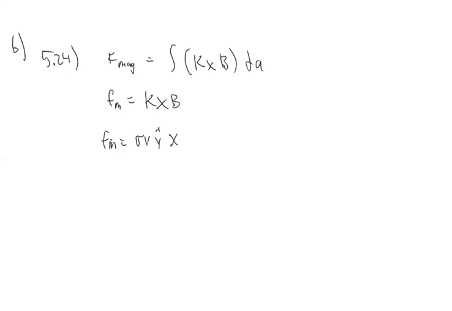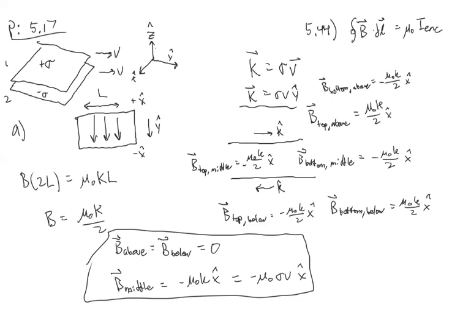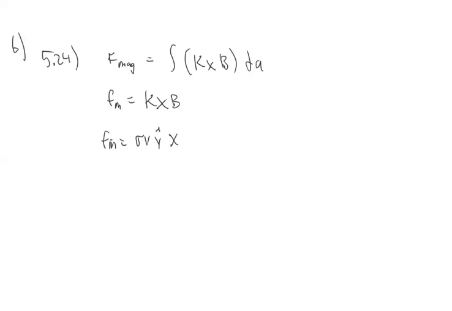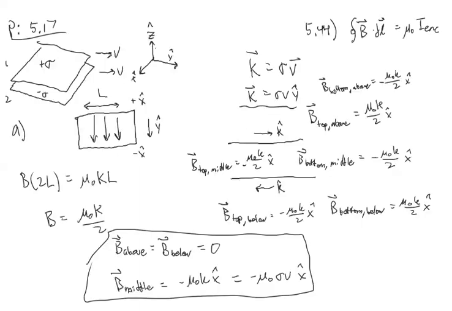Cross the B field from plate 2 on plate 1, which is going to be mu naught K over 2, in the negative x hat direction.